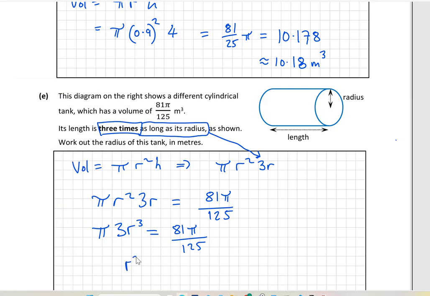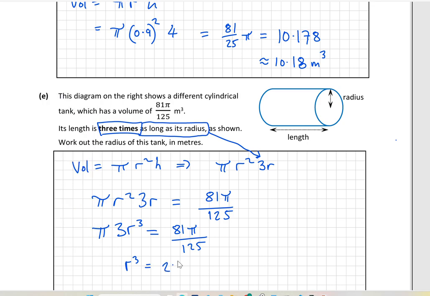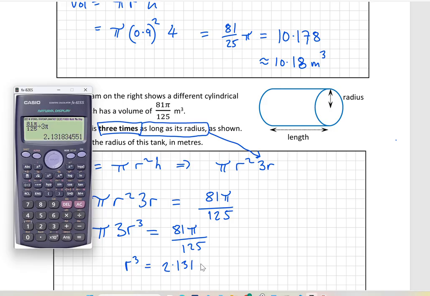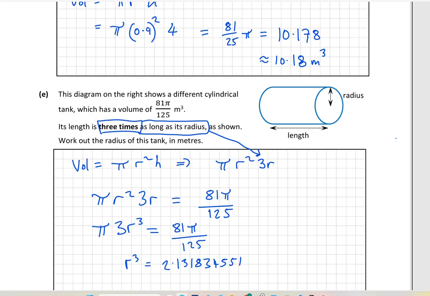So r cubed is equal to 2.131. I'll write the full number out. Okay, but that's r cubed.